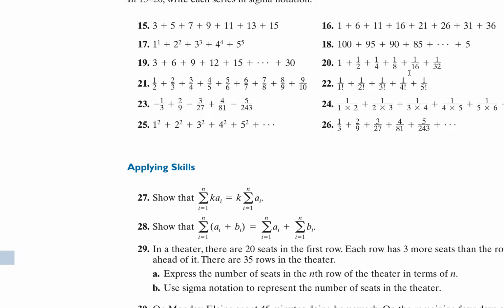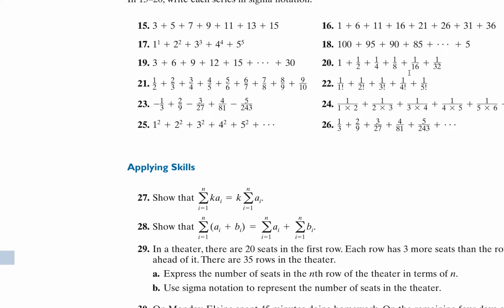It starts from 1, because 2 is already the second term. Until 5, we have 5 terms.